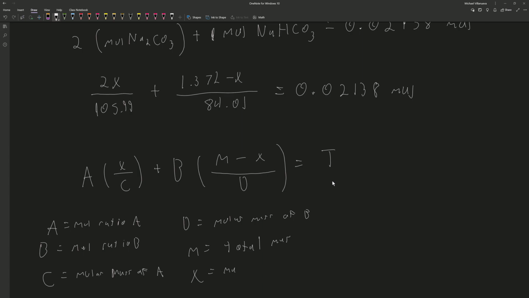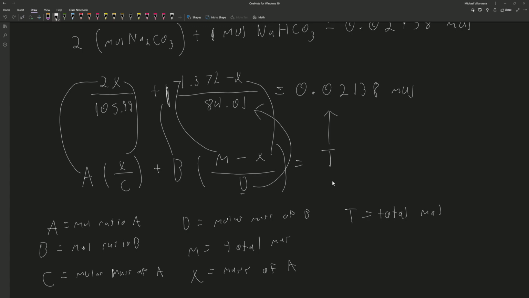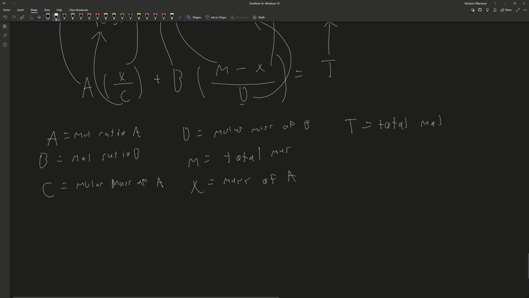X equals mass of A. And T equals total moles. So you can see T is this, D is this, M is this, X is this. B is a 1 that goes here. X is that. A is the 2, and C is that. So we have everything accounted for, and we are now going to solve this for X.